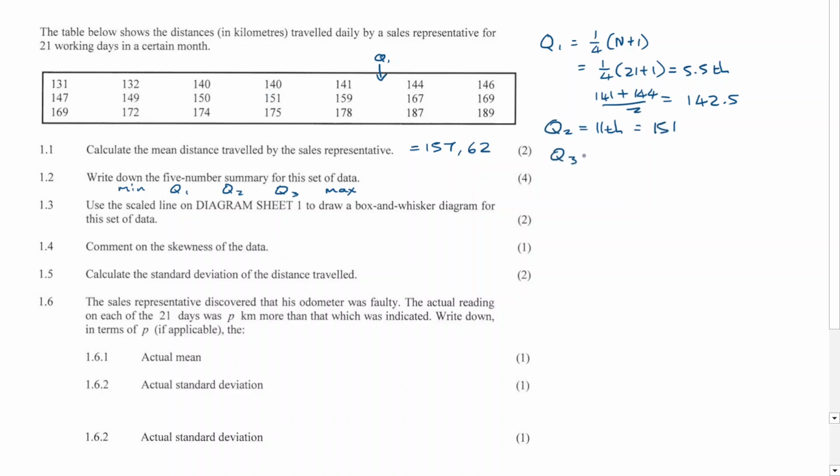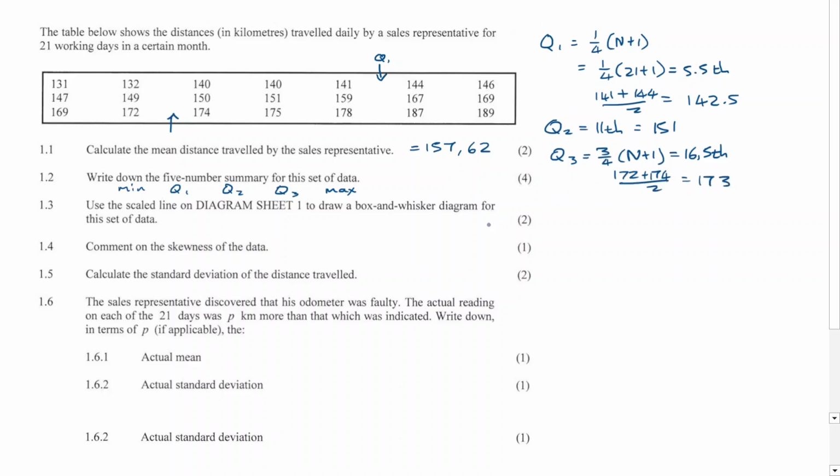I go to Q3, which is the upper quartile, n plus 1, and that spits out an answer of 16.5. And that's also not a specific place. And so I look between the 16th and the 17th data, and I add those two numbers up and divide it by 2, and that gives me my answer, 173.